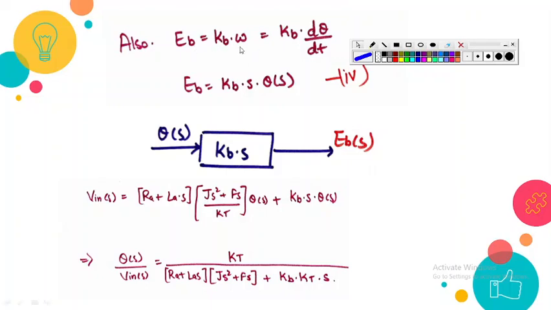If we remove the proportionality, then the back EMF will be equal to Kb into omega, and omega is nothing but the first derivative of theta, so it will be equal to Kb into d theta by dt. Again taking Laplace transform of it, we can establish that Eb of s is equal to Kb into s into theta s.